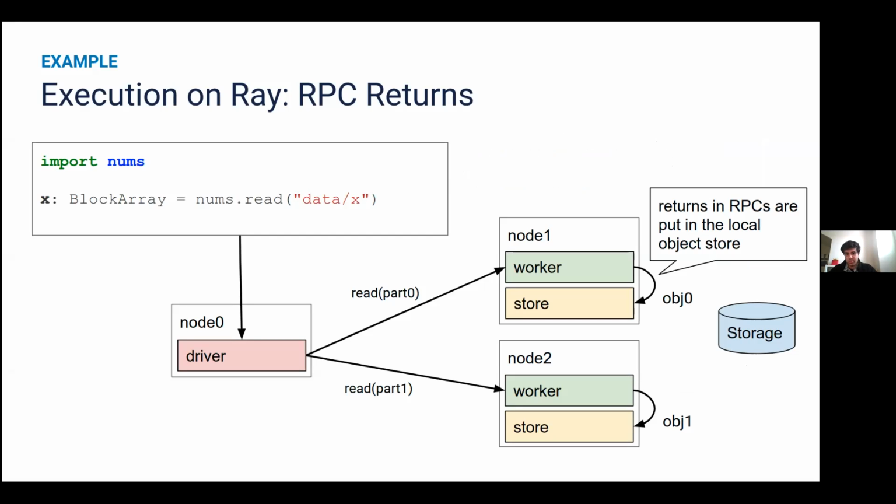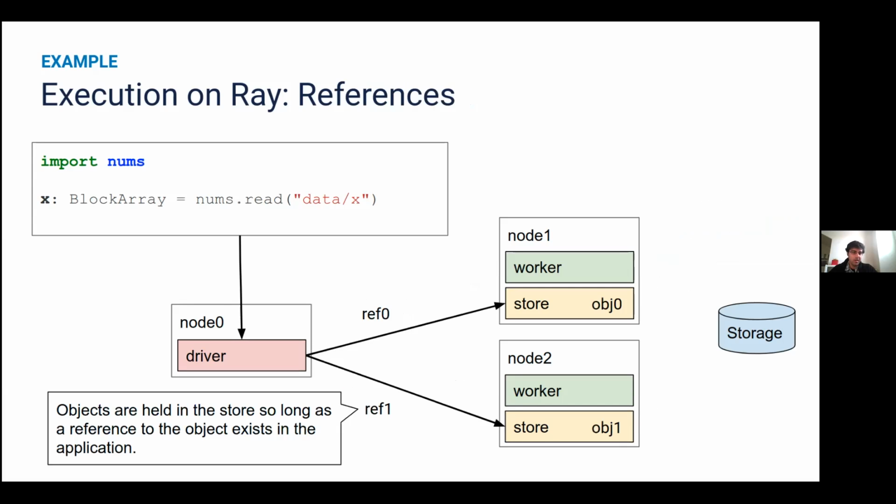The worker then returns the actual data, and the result of the RPC call will be put into a local object store. That's essentially how RPC calls work in this particular API example. Finally, as long as there are references to those objects within the driver process, the garbage collection system in Ray will not remove those objects. As long as you have references to those objects, they're guaranteed to exist in the system somewhere.